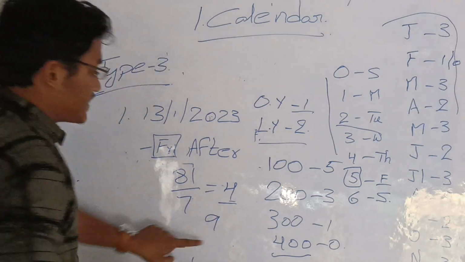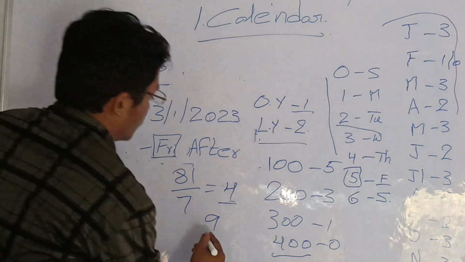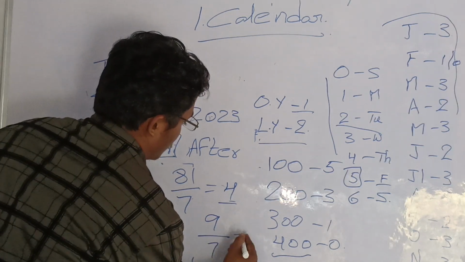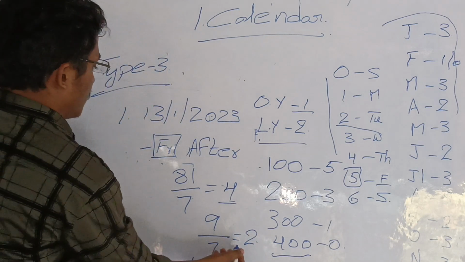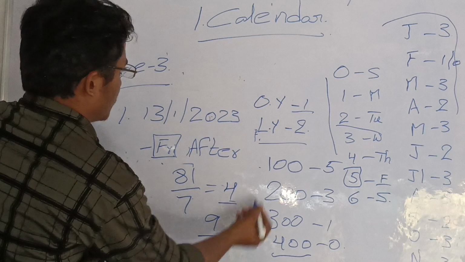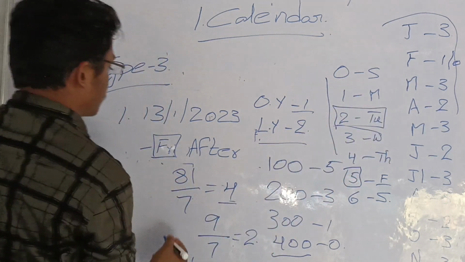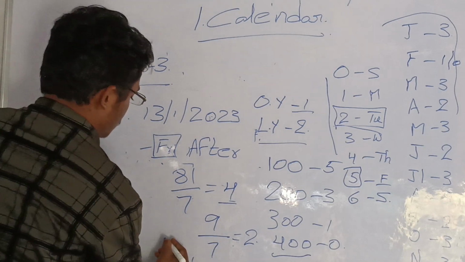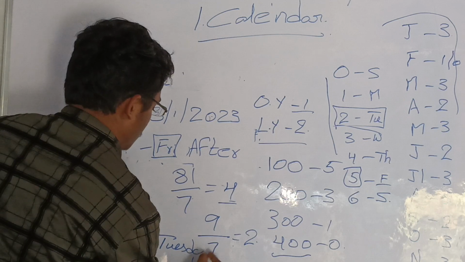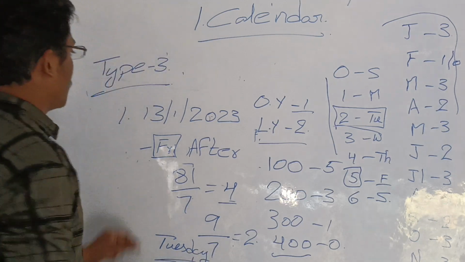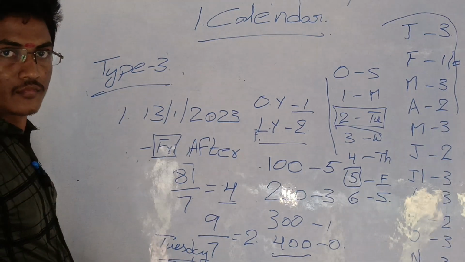It has exceeded 7, so we need to divide it by 7 to get the remaining odd days. Remainder is 2. So it will be 2 odd days, the second day, Tuesday. From this date, after 81 days, it will be Tuesday. Thank you.